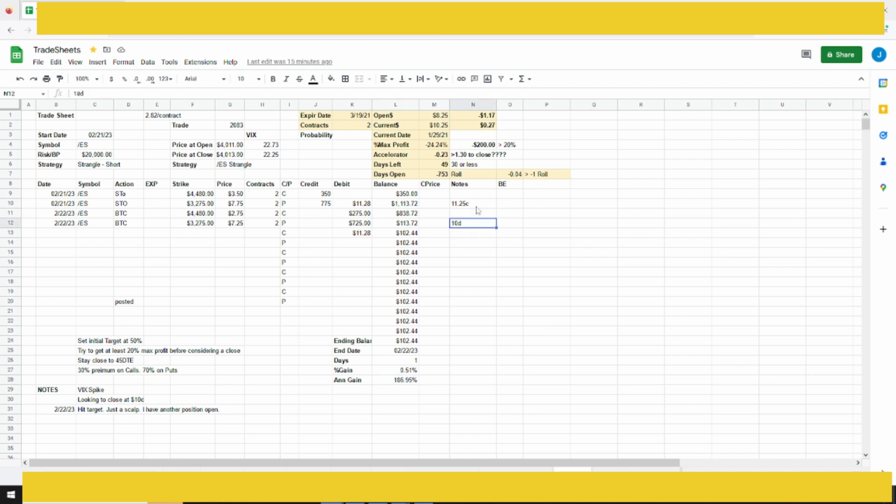If it started bouncing around too much, I might even have closed at break even, just because this is not one of my normal strangles that I would do. It's strictly a scalp. It's strictly based on the VIX. Just get in and out. You can ignore this up in this area too. This is sometimes what I use to determine what my percentages are that I made on these.